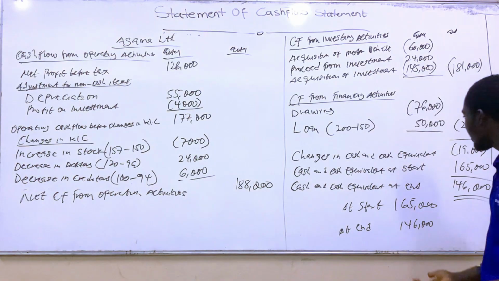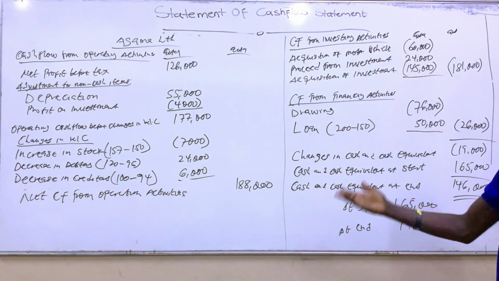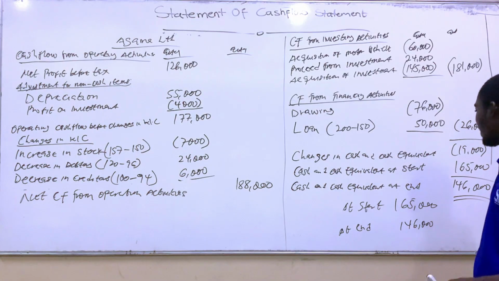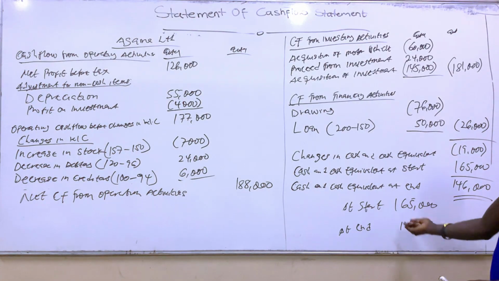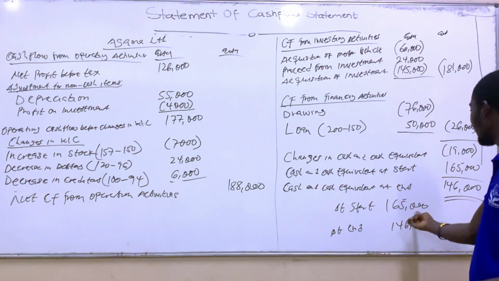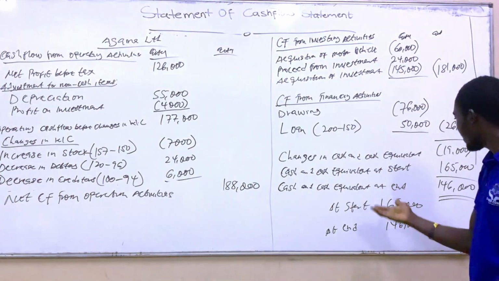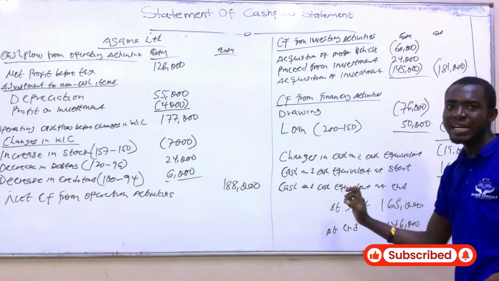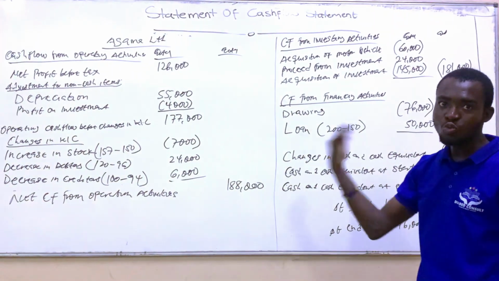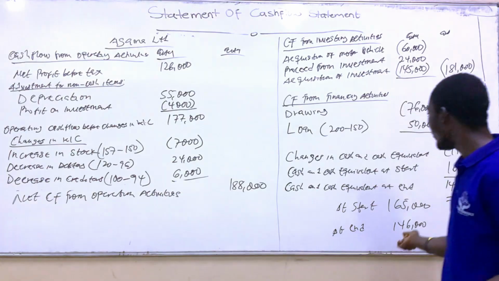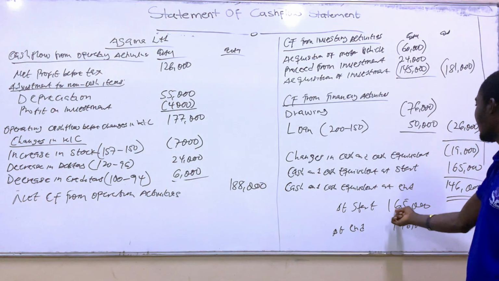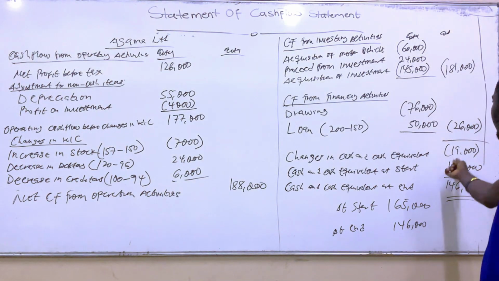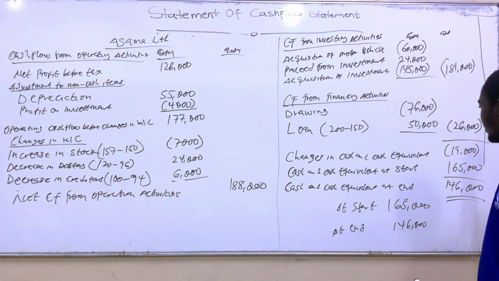At the beginning of the year, you have cash and cash equivalents of 165,000, and at the end, your cash and cash equivalents is 146,000. It means that you have spent some of your cash during the year. So the changes in cash and cash equivalents will be a negative figure. That's the difference between 146 and 165, which is 19,000.